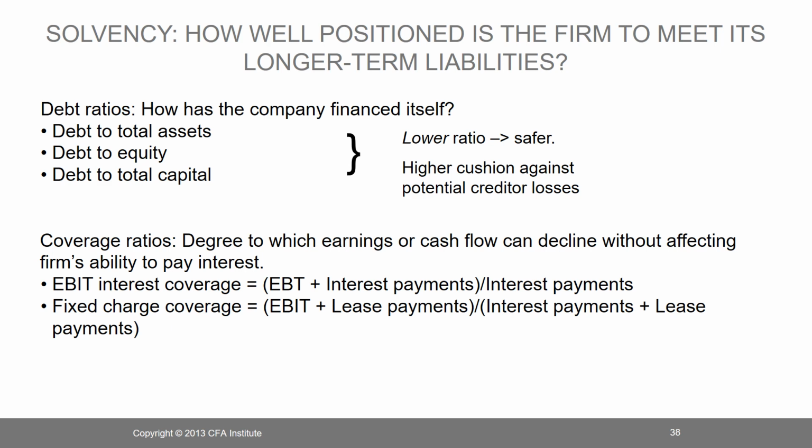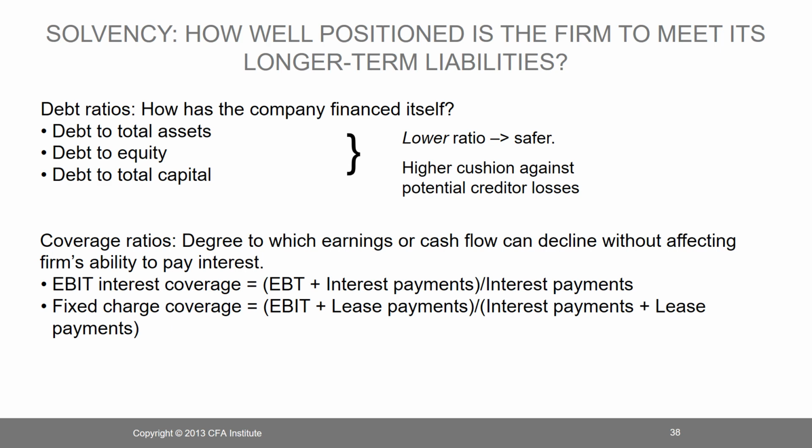Now, for debt ratios, we have debt to assets, debt to equity, and debt to total capital. The lower the ratio, the safer the company is financially, or the better positioned the company is to meet its long-term liabilities, and the higher the cushion against potential creditor losses.